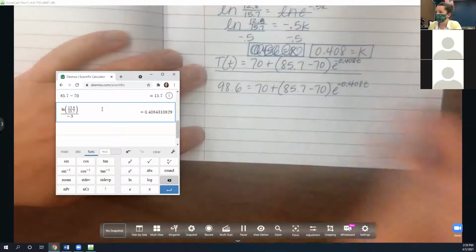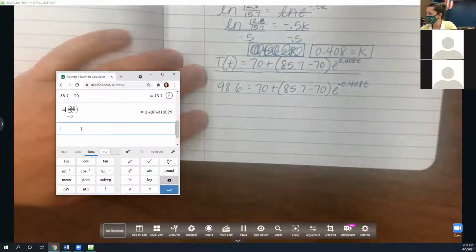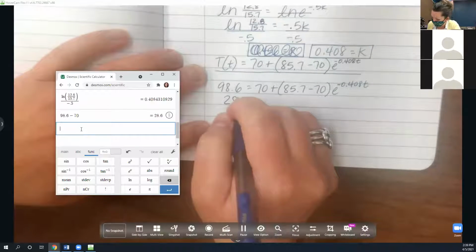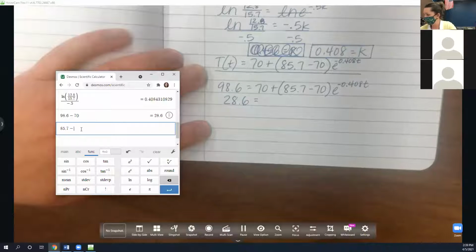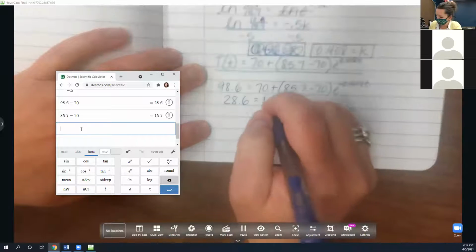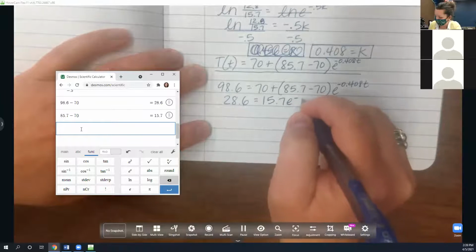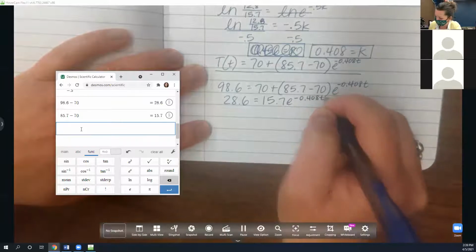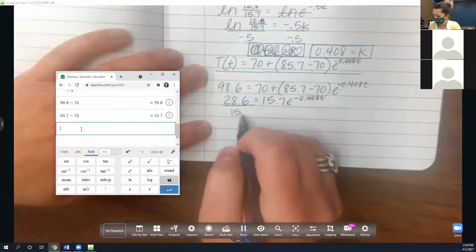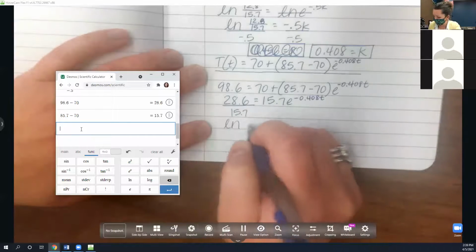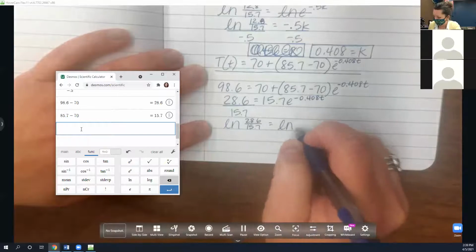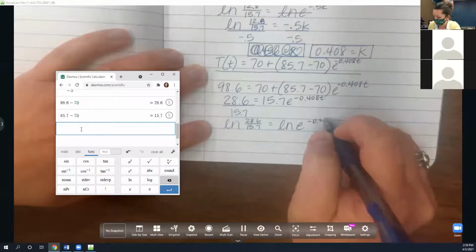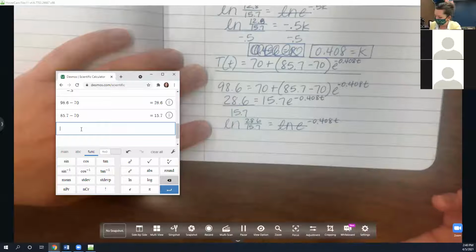We're going to simplify all of this here. So we have 98.6 minus 70, which is 28.6, equals 85.7 minus 70, 15.7, e to the negative 0.408 t. Divide by 15.7. So I have the natural log, I'm moving a little bit quickly here. Natural log of 28.6 divided by 15.7 equals the natural log of e to the negative 0.408 t. Those cancel.